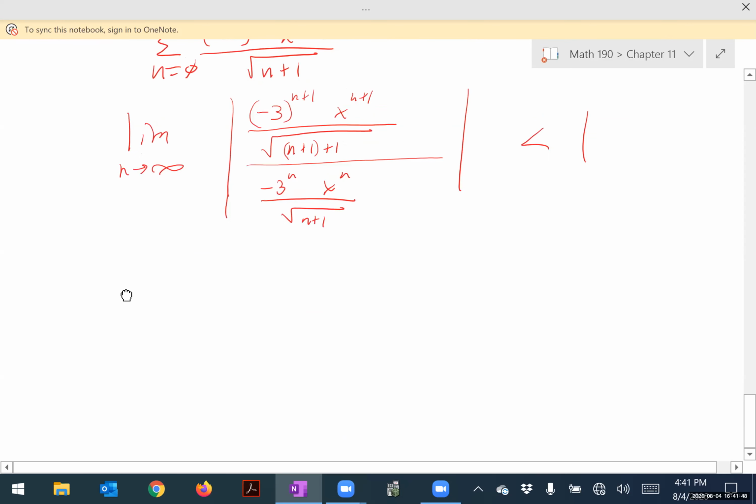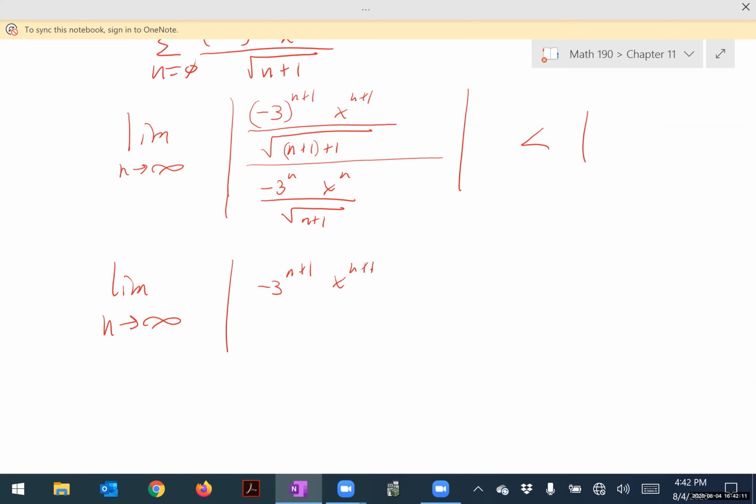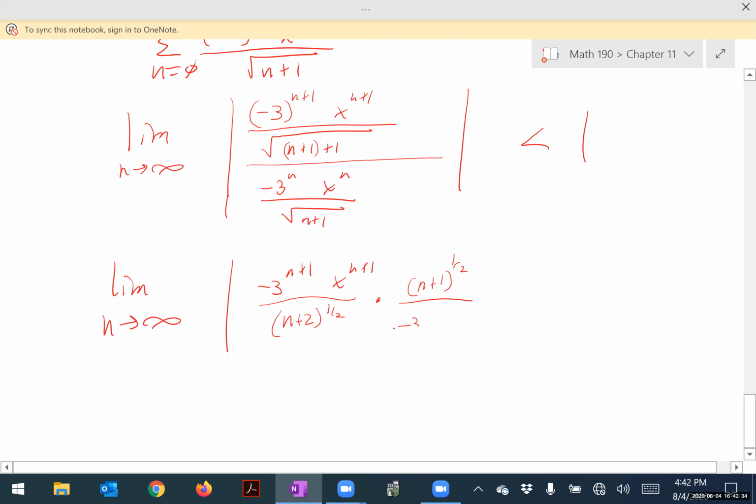The limit as n goes to infinity of negative 3 to the n plus 1, x to the n plus 1, over, I'm going to rewrite this as n plus 2 to the 1/2, times n plus 1 to the 1/2 power, all over negative 3 to the nth, x to the nth.